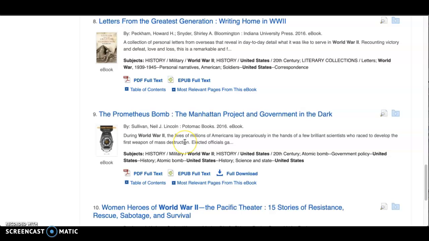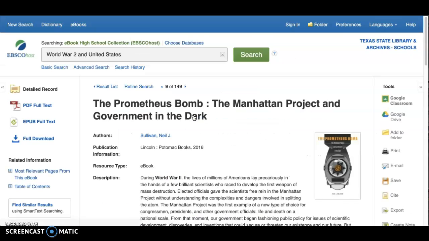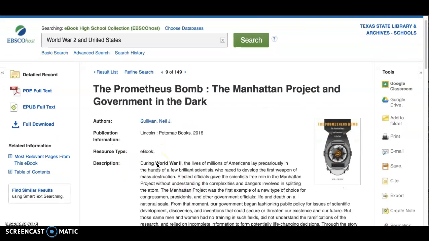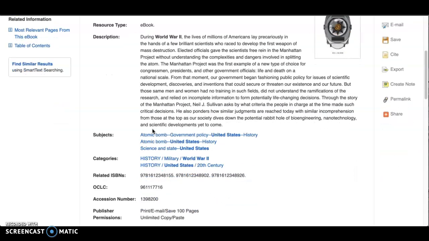During World War II, the lives of millions of Americans lay precariously in the hands of a few brilliant scientists who raced to develop the first weapon of mass destruction. Oh, let's look at this. This is an ebook. It says right here, ebook. It's talking about the atomic bomb.